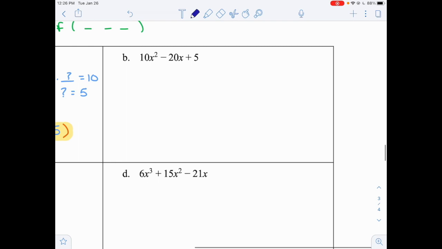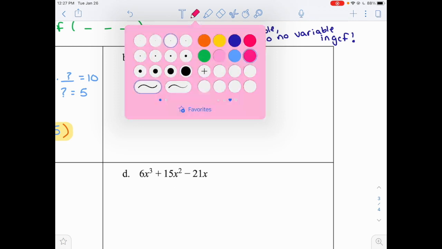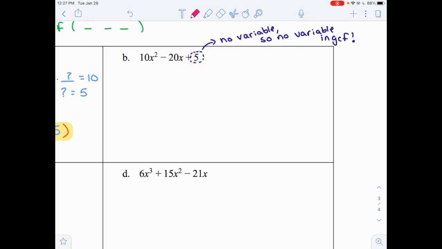So B, again, no variable here, so no variable in GCF. So the GCF, the largest number that can divide all of those is 5.